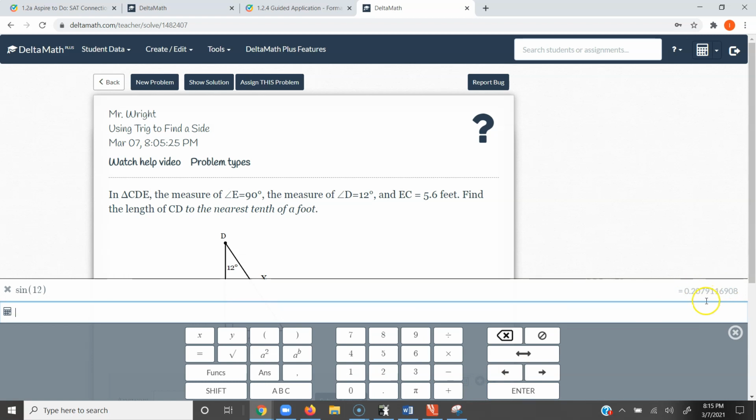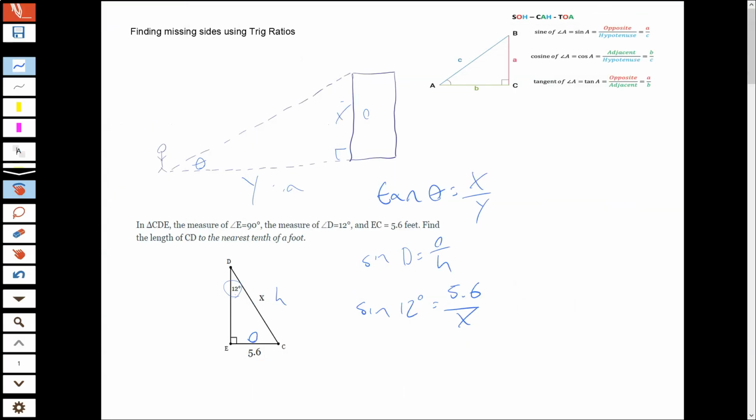These are always going to be big, long decimals. That's okay. So that is my sine of 12 degrees. And I'm going to keep all those decimals. So I'm just going to copy it, Control C, and keep that for now. Okay, so I'm going to write 0.207 in my work, but I want to keep all those digits just to be precise.